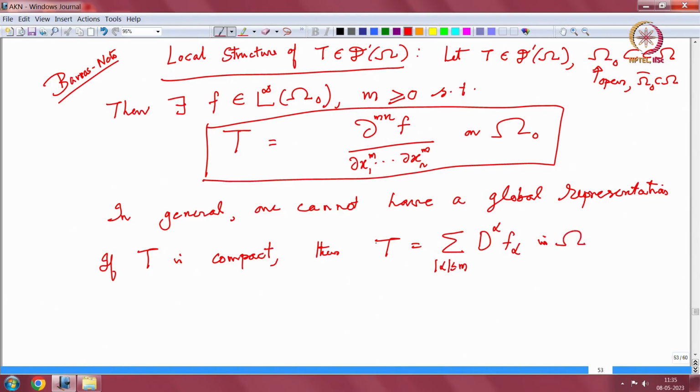Even if f alpha are nice functions, D power alpha is still a derivative. So you are not writing T as a function, it is a derivative of nice functions.